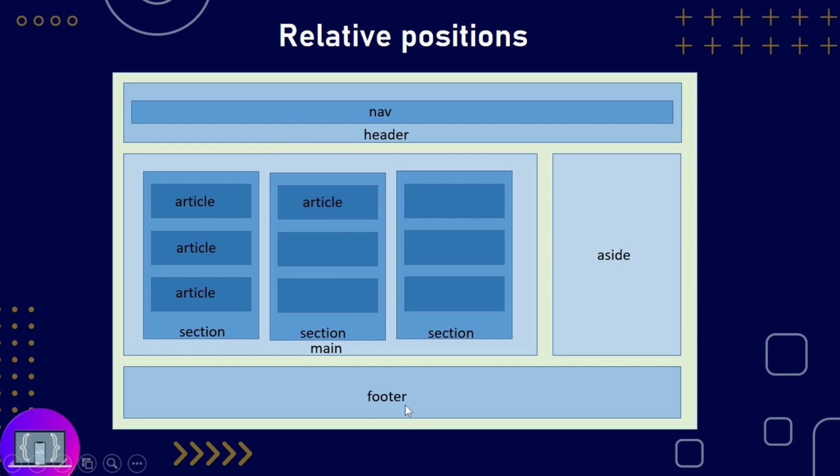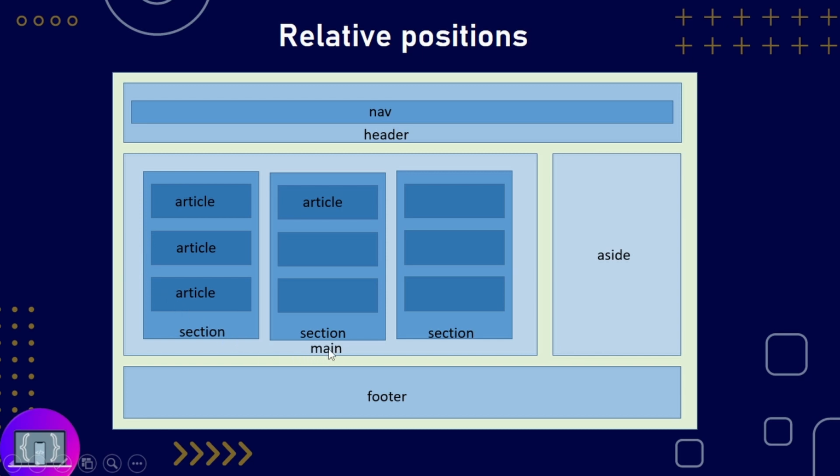You are going to have the footer where you can have things like copyright information and some other stuff you want to put there. You have the aside where you have content which is not actually the main content, because the main content is always going to be the largest section of your website, because it's where the information for which your website is created is going to be.